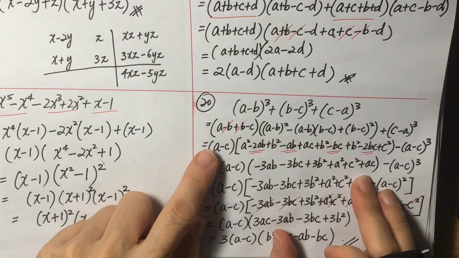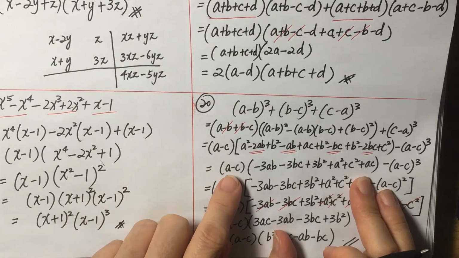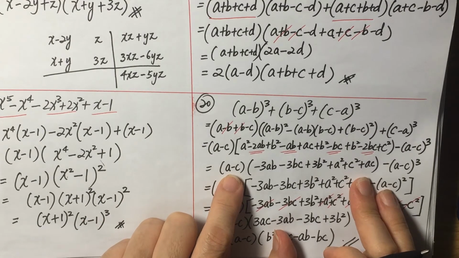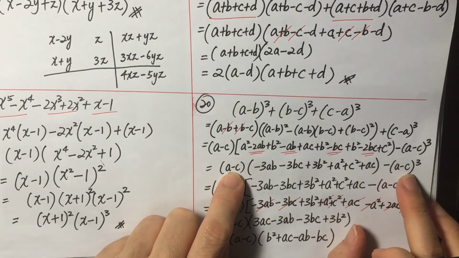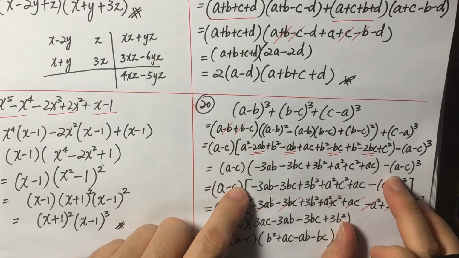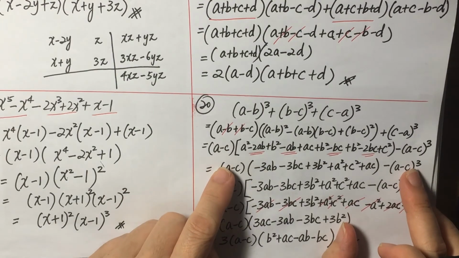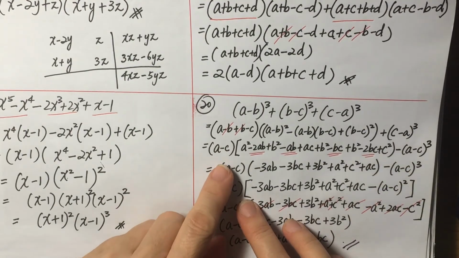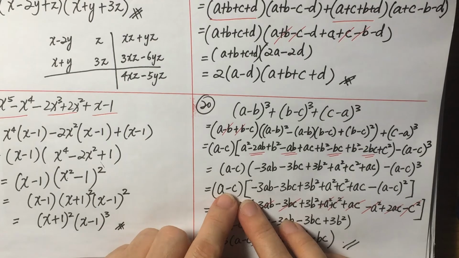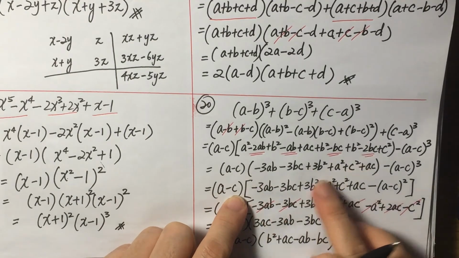Okay, and then this (c minus a), we bring down. Here there's something that is common. Can you see this is a minus c? We also have a minus c here. So these two terms we want to further factorize, we take out the common factor, which is a minus c.